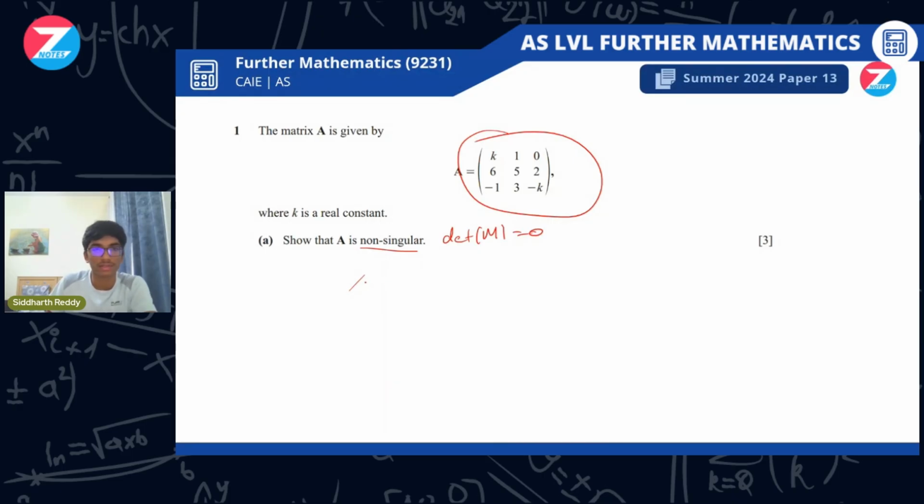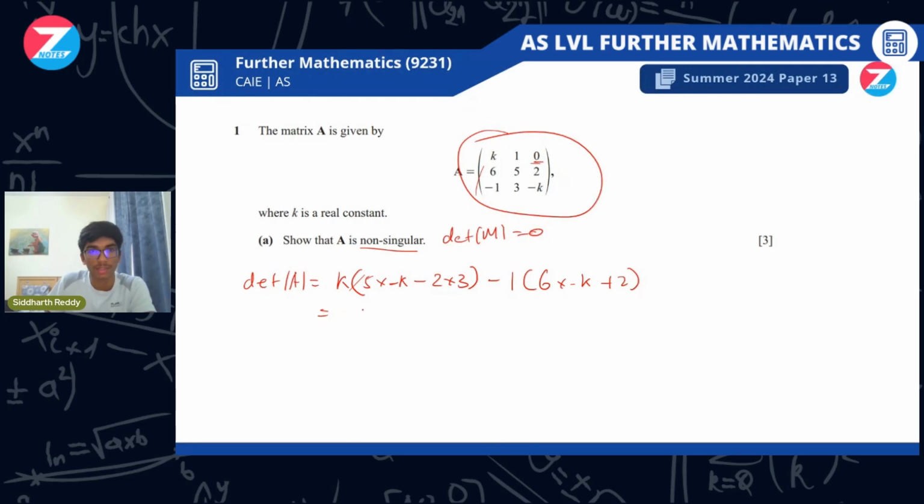So we'll do it like this. We'll take the determinant of A. It's equal to K times (5 times minus K minus 2 times 3) minus 1 times (6 times minus K plus 2), and when we take the 0 times this, it will just be 0.